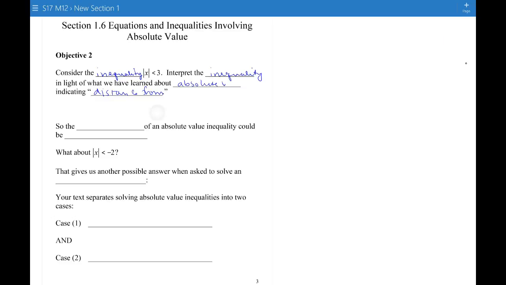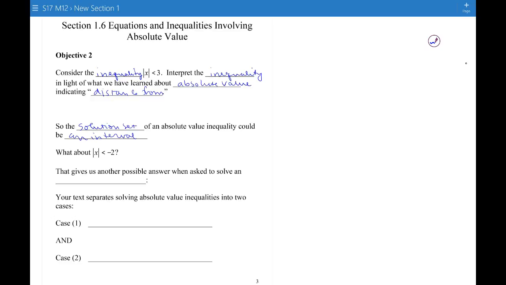So that's why absolute value is always positive, because your distance from something is always measured in a positive way. So the solution set of an absolute value inequality could be an interval or a chunk of the number line.